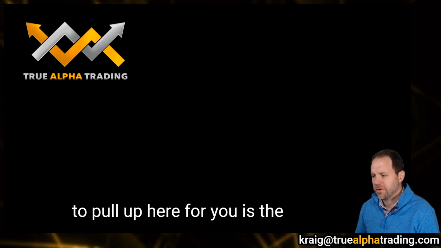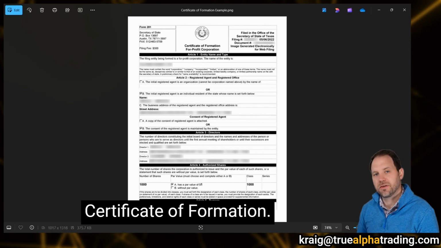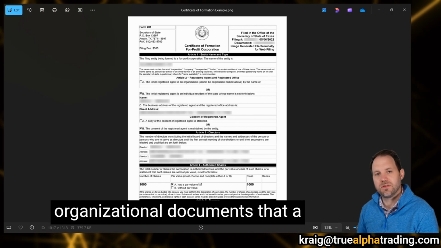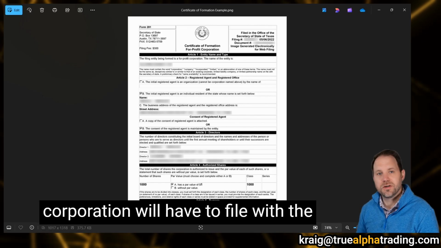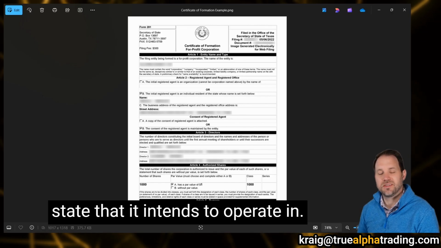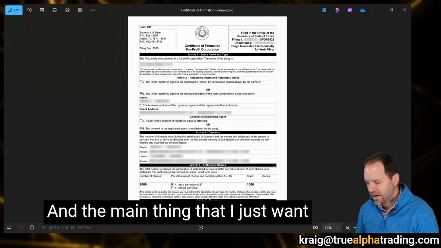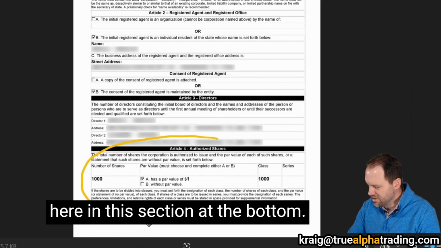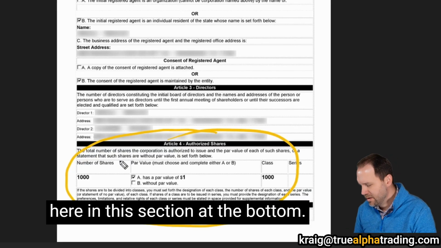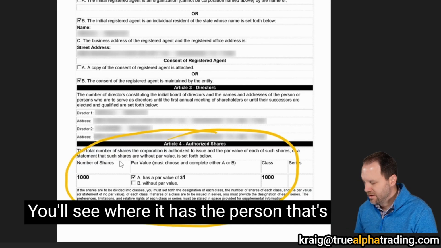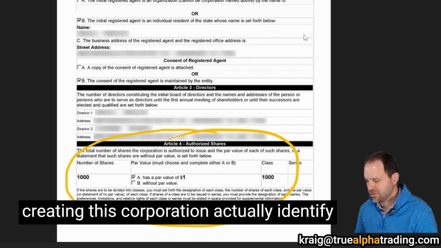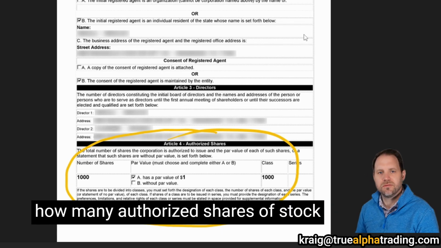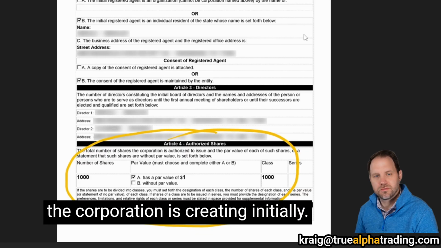The first one that I'm going to pull up is the certificate of formation. This is one of the organizational documents that a corporation will have to file with the state that it intends to operate in. The main thing I want to show you is right down here in this section at the bottom, where the person creating this corporation identifies how many authorized shares of stock the corporation is creating initially.